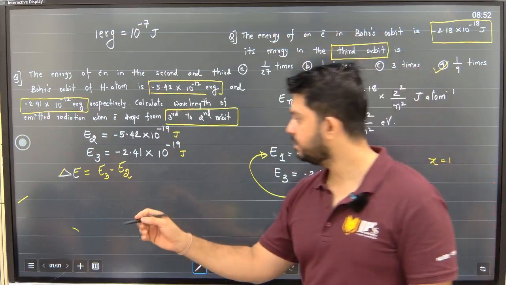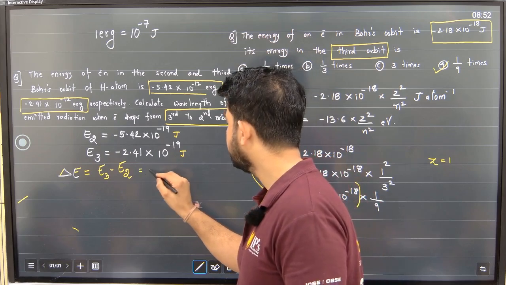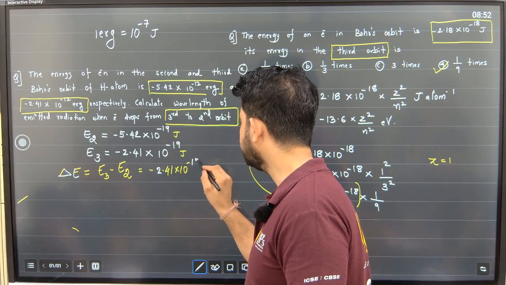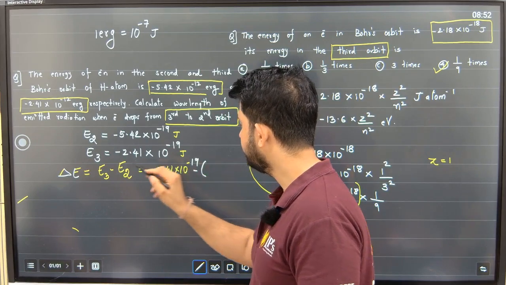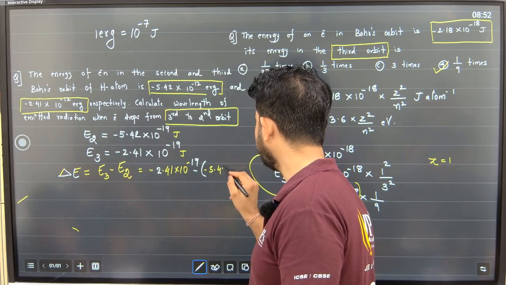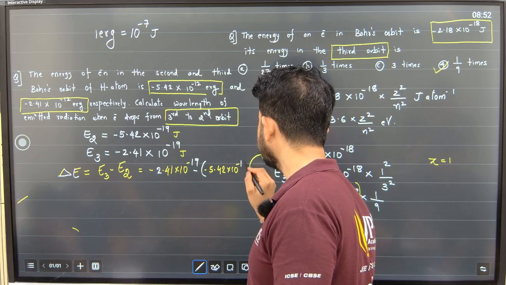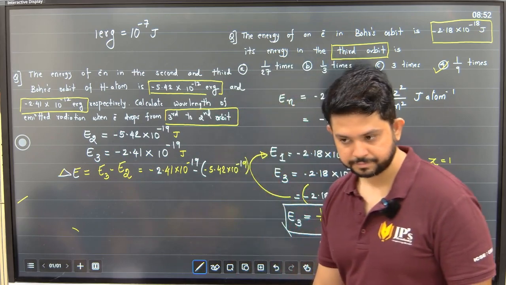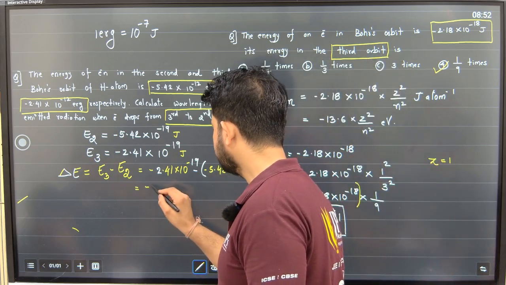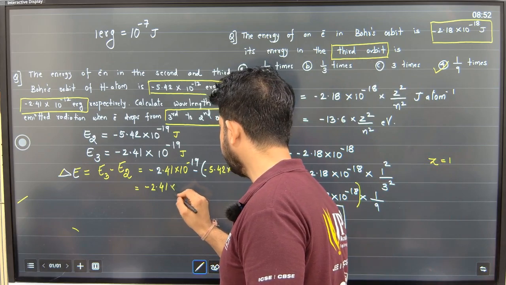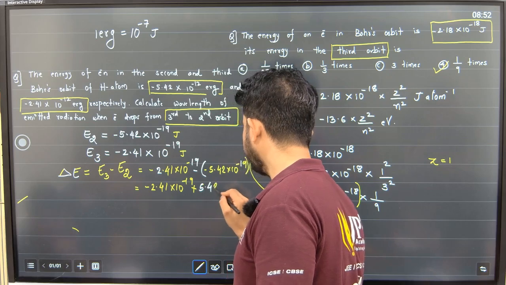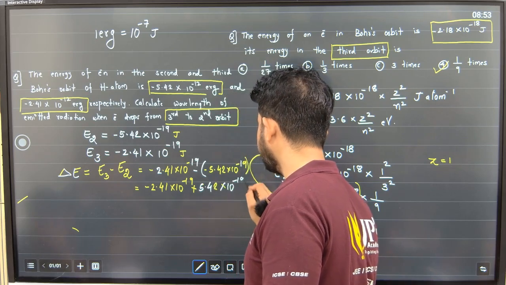How much is E3 given? Negative 2.41 into 10 raised to minus 19 minus, how much is E2? Negative 5.42 into 10 raised to minus 19. Minus into minus, ये क्या होने वाला है? So that will be minus 2.41 into 10 raised to minus 19 plus 5.42 into 10 raised to minus 19.